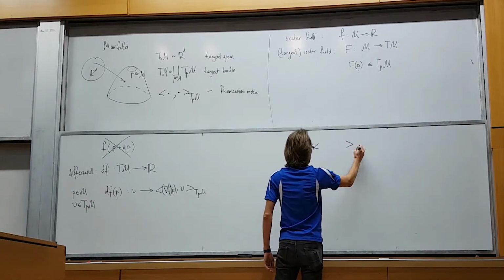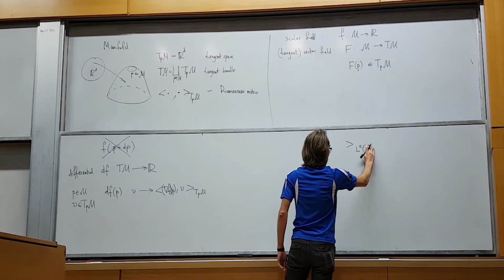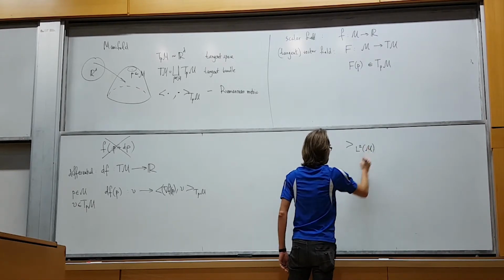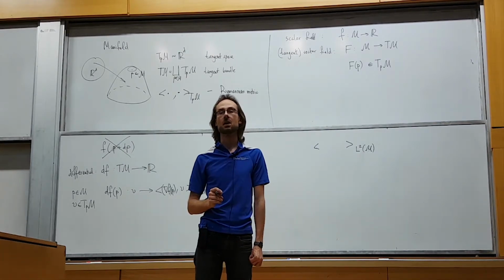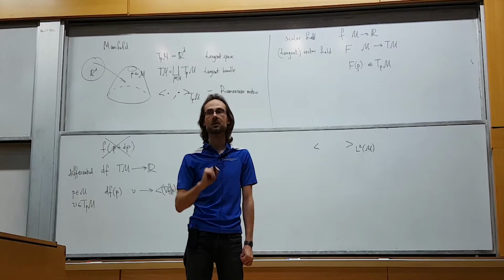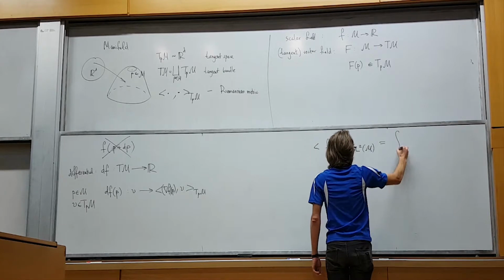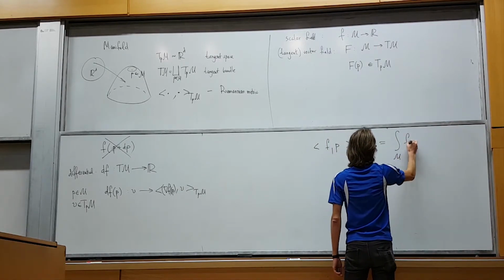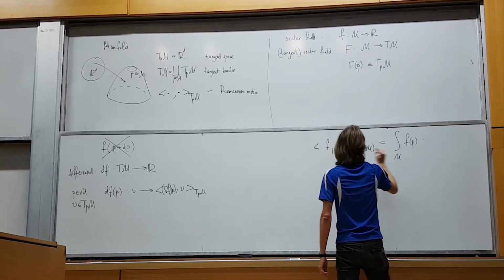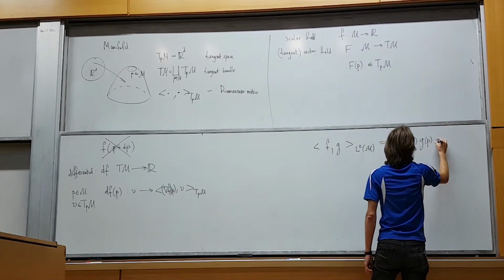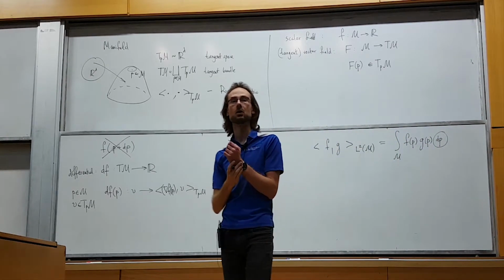The inner product on this space, L2 on M, is the space of all square integrable scalar fields on the manifold, and the inner product between them will be given by the integral on the manifold of F(p) G(p) dp, where dp is the standard volume form on the manifold that is induced by the metric.